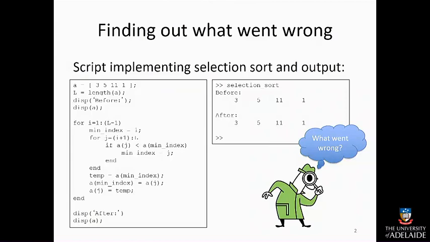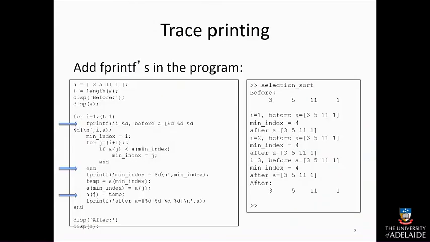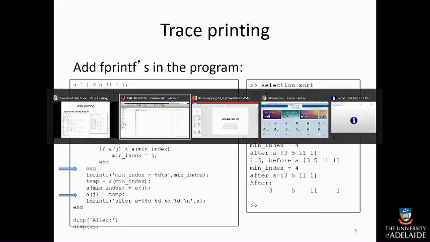So you would like to know what's going wrong. Now, in this particular program, what one could do is add print statements, right? I'll show it to you in MATLAB what's happening here.